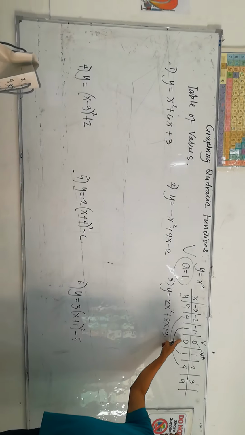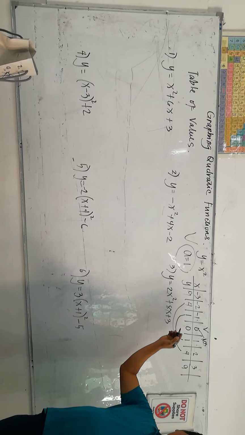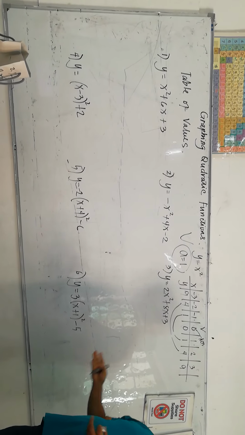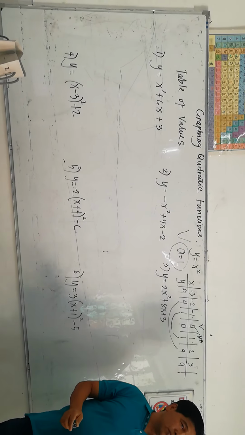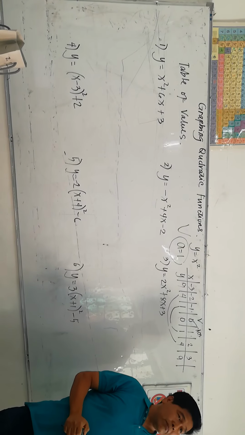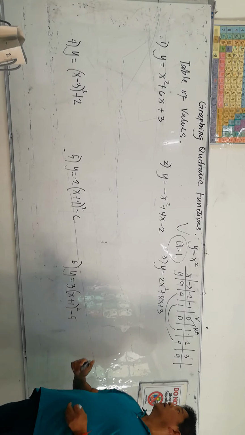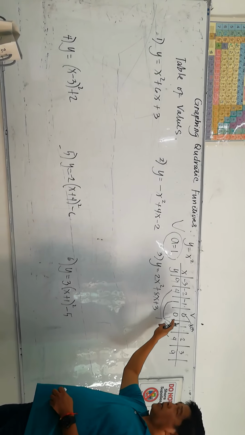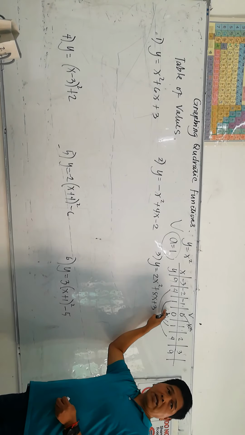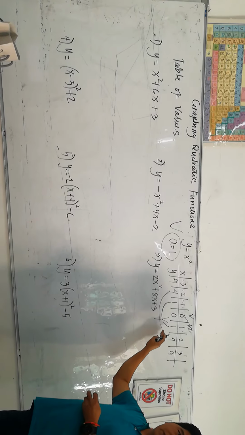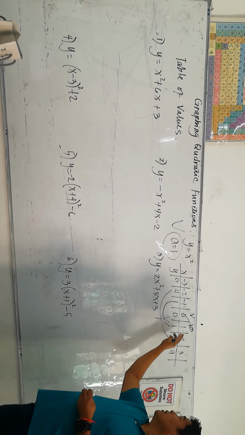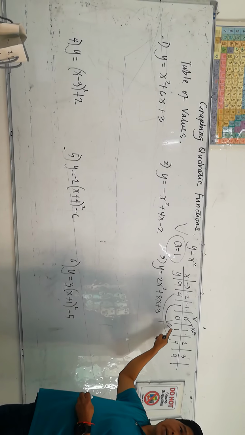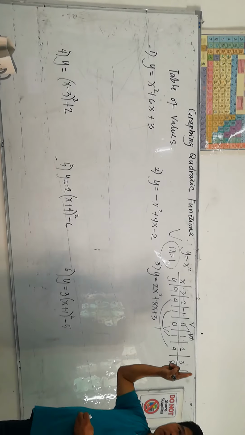Now, we will use this to make a table of values for any type of quadratic function. This is the way to make a table of values. A is for you to add 1 to the value of y from the vertex to the next value of y. Increasing the value of x by 1 also increases the value of y by 1, if A is equal to 1.